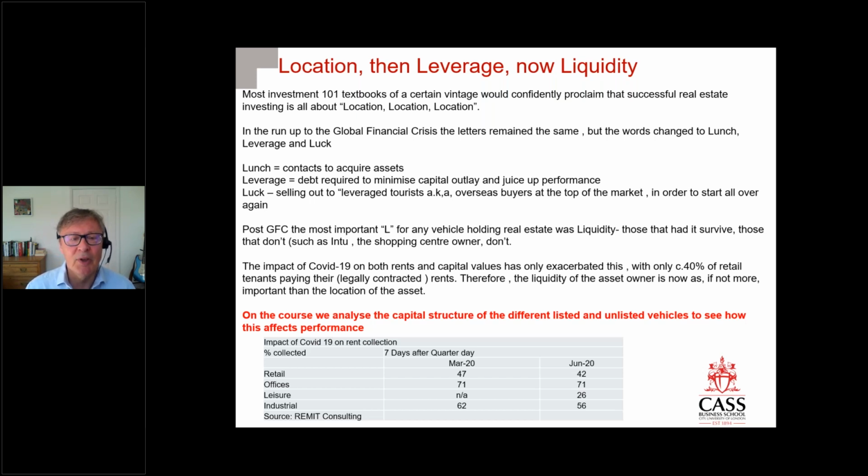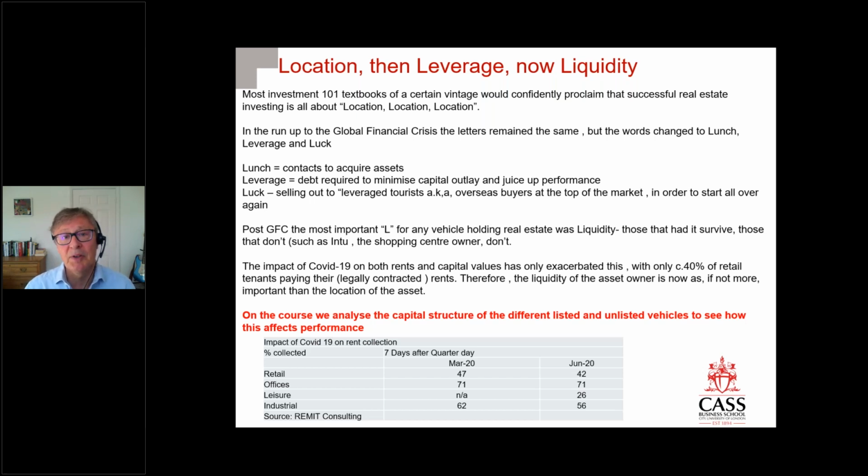Well, the first point, lunch. Real estate is a bilateral transaction business. In other words, the whole valuation system is based on one willing buyer and one willing seller. Equities are obviously many people transacting all at the same time. With real estate, it's one buyer and one seller, and what that means by definition is you need the contacts to acquire the assets.